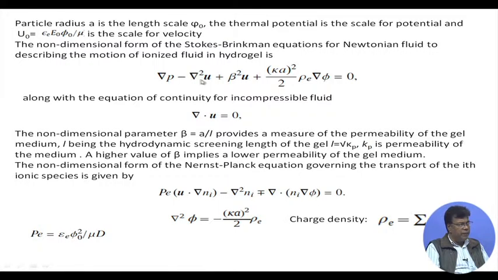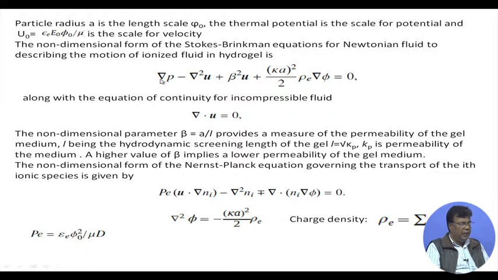Mu is absent here because of the scaling. We have taken the velocity scale, and this is the non-dimensional equation, so mu is absorbed over here and rho is also absorbed in P. So, this is a scaled equation, and this is the continuity equation as usual, for incompressible flow.